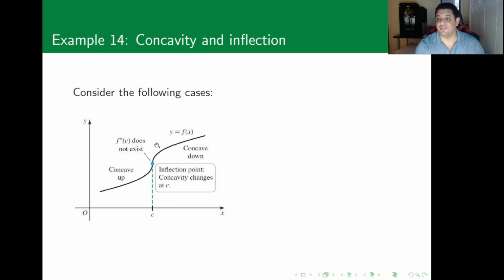So if the first derivative does not exist, by conclusion, the second derivative is not going to exist there. This is an inflection point because there is a change in concavity. Notice that this is concave up and then it changes to be concave down. So it is an inflection point.